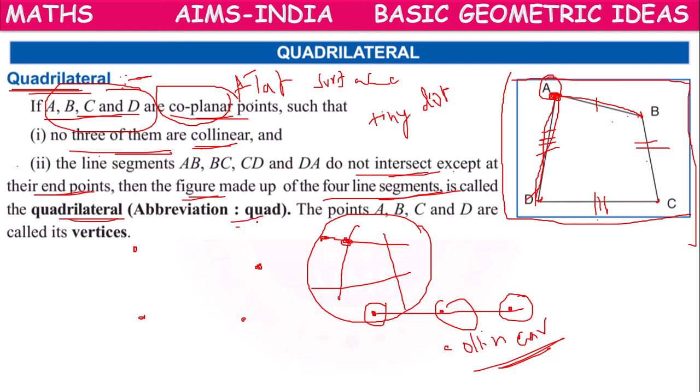The word quad stands for four, the figure formed by four sides. And the dots are the intersecting points. A, B, C, D are considered the vertices of the quadrilateral.